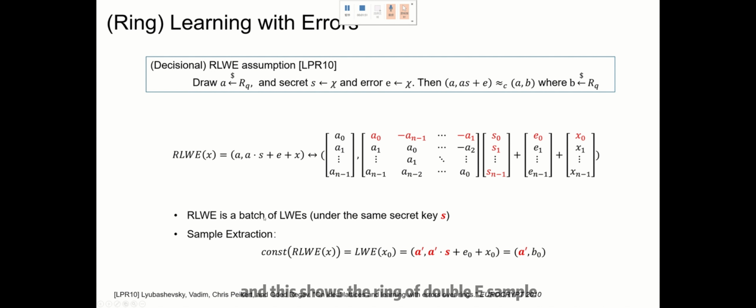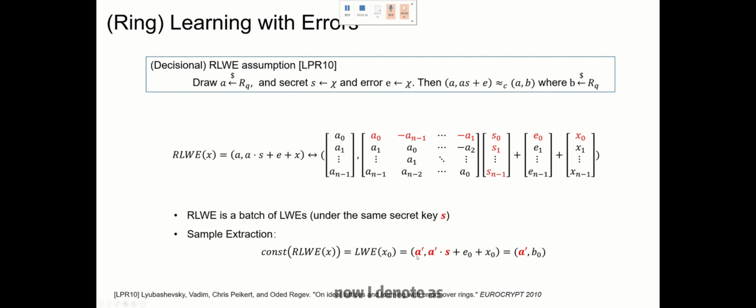This shows the ring LWE sample is essentially a batch of LWE samples under the same secret key S. This naturally introduces a homomorphic encryption operation called sample extraction, which can extract the constant term from the ring LWE encryption, that is, it returns an LWE encryption of the constant term x0.